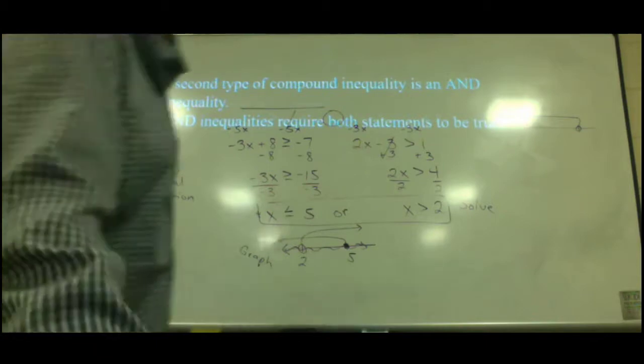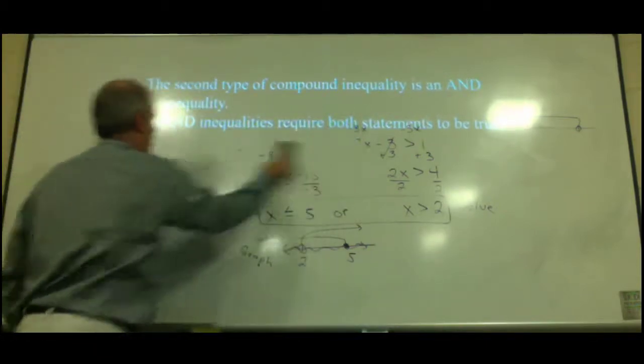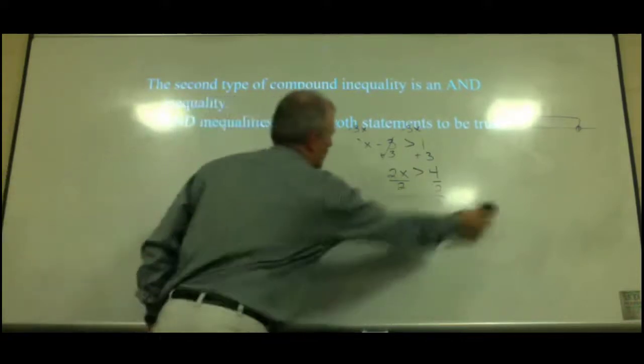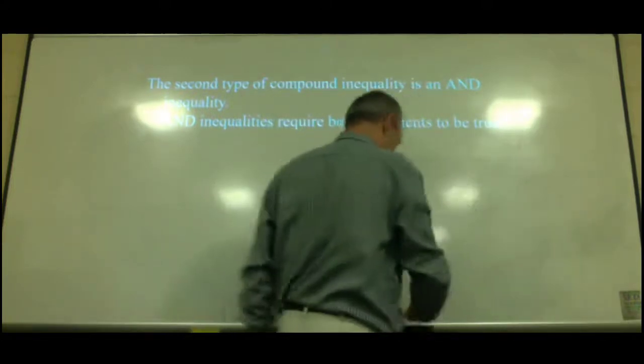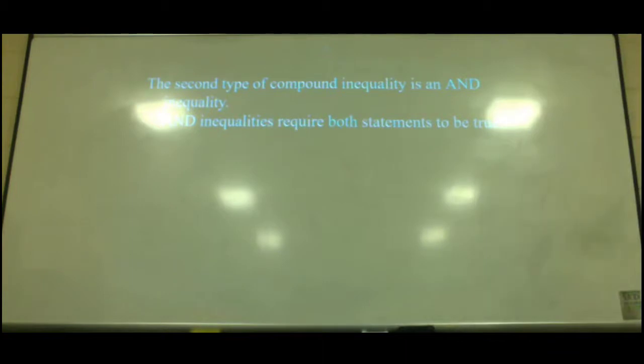The second type is an and statement. And statements are only true if both parts of the inequality are true. So going back to my example, if I tell you that after class I'm going to Sonic and going home, and then I decide afterwards, I'm just going to go home and I don't go to Sonic, is my statement true? No. Well, what if I go to Sonic and then I'm really tired, so I just sleep in the parking lot at Sonic.